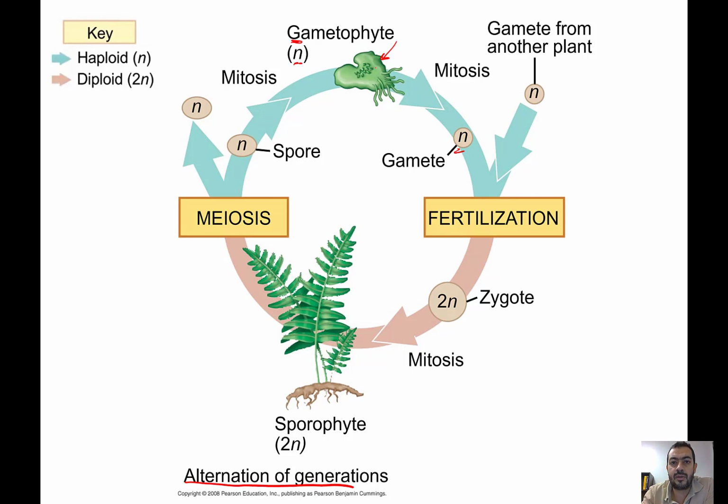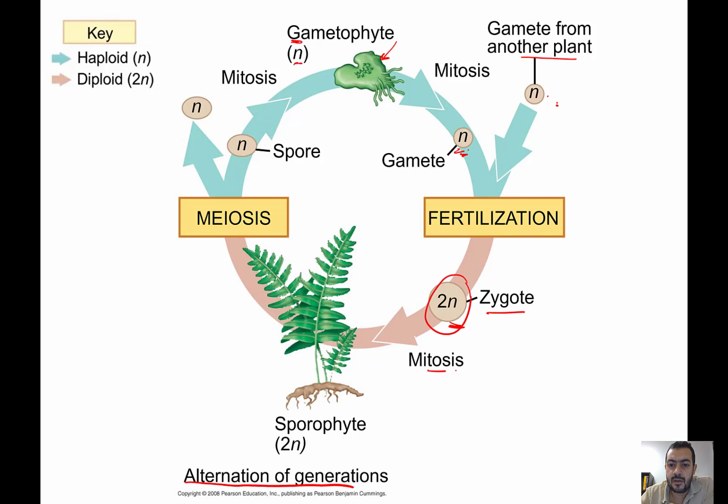So what will happen through mitosis, we will have the gametes, then fusion of two different gametes from two different plants. We will have the zygote. Fertilization will give us the diploid zygote. This zygote is unicellular.